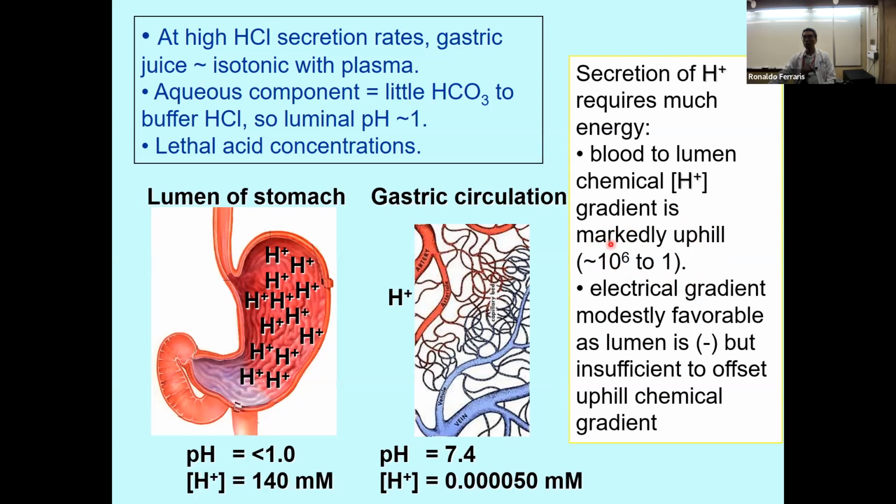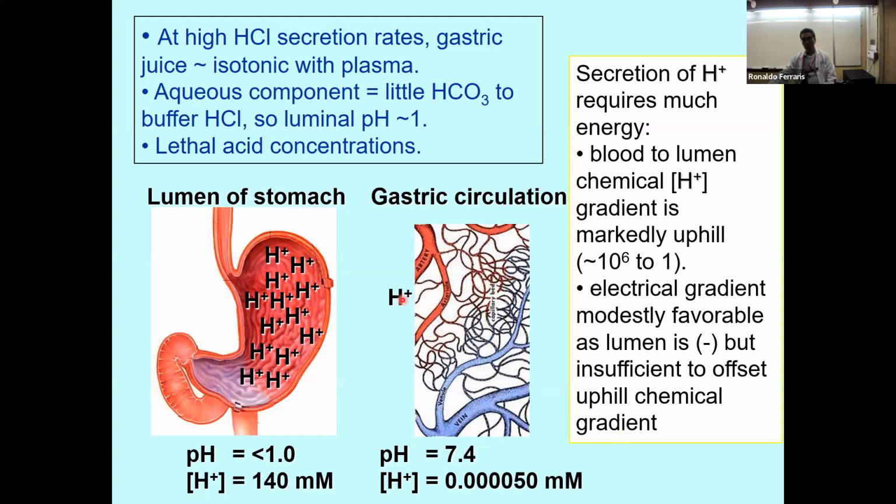So what actually happens when you're moving chemicals uphill? You need to spend a lot of energy. So your stomach actually consumes a lot of ATP when you're actively eating. The transepithelial electrical gradient is modestly favorable, but it's not really sufficient to offset this uphill chemical gradient.